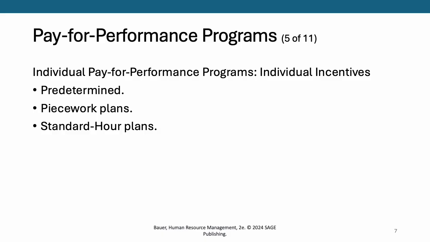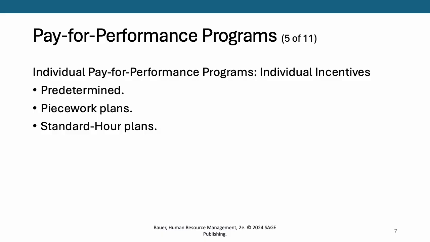Piecework is like people working in a manufacturing environment, and for every unit that they make, they get $1. And if they make 10 units, they get $10. And if they make 20 units, they get $20. Now, I don't know if that's a reasonable amount of money, but it just gives you an example of how that would work. So piecework is just paying people for every piece that they create, whatever that might be.